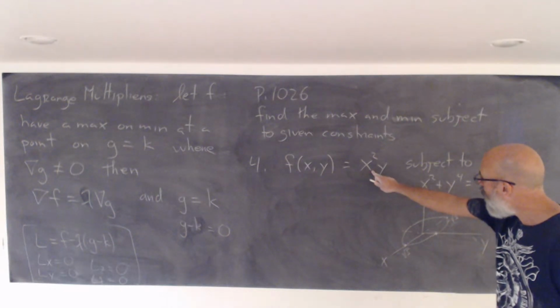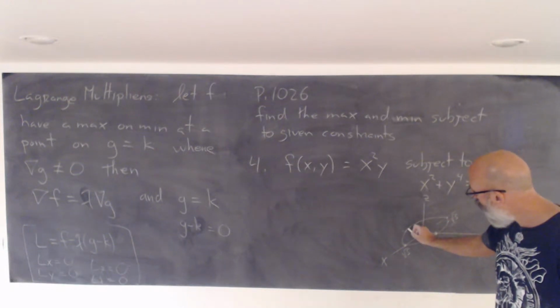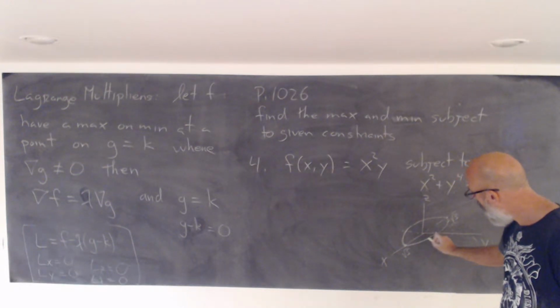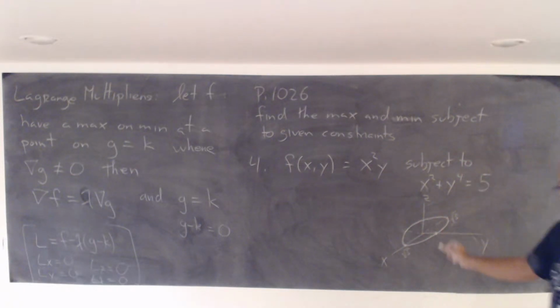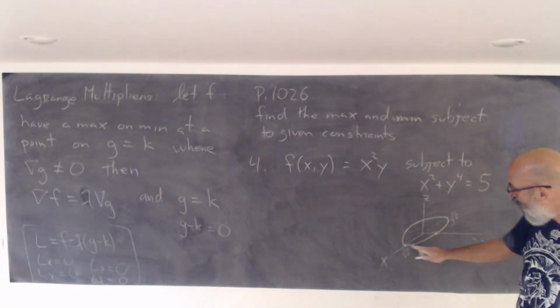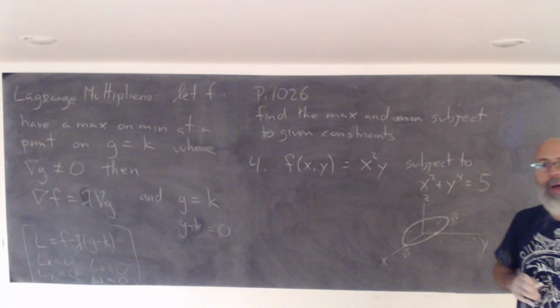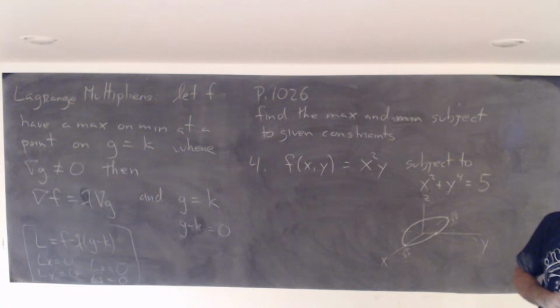So we have this function hovering above just this, right? Not the inside. We're not trying to maximize on the inside. It's just on this boundary curve. There it is.